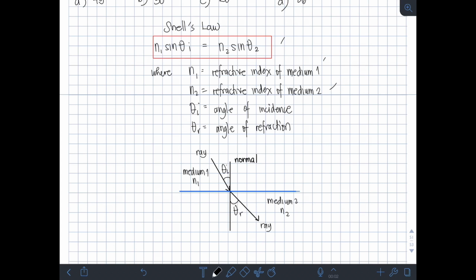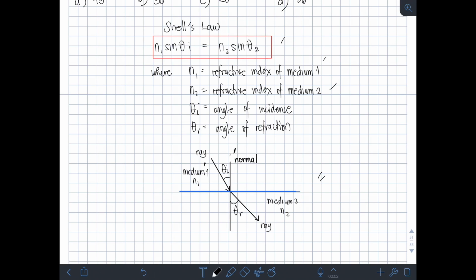So, when we have a ray of light passing through, let's say, two mediums, this is our illustration. Let's say we have medium 1, where the ray of light is initially passing, and then we have a normal here. It will have an angle with respect to the normal, theta I, which we call the angle of incidence.